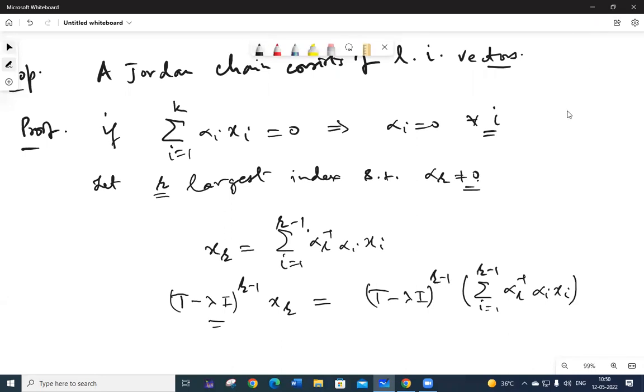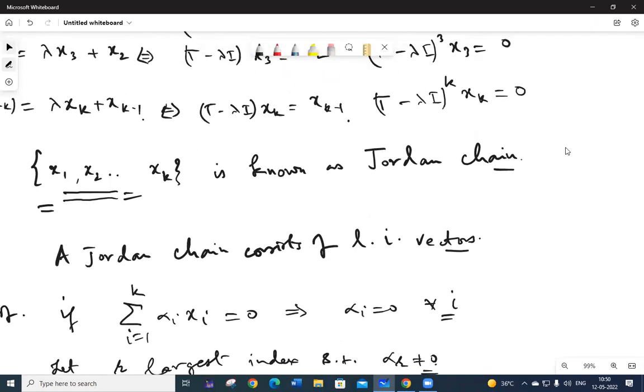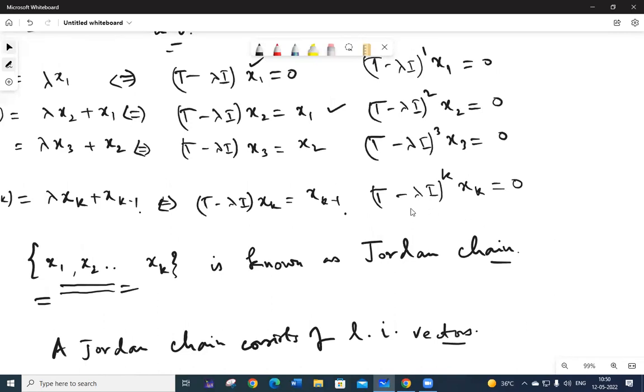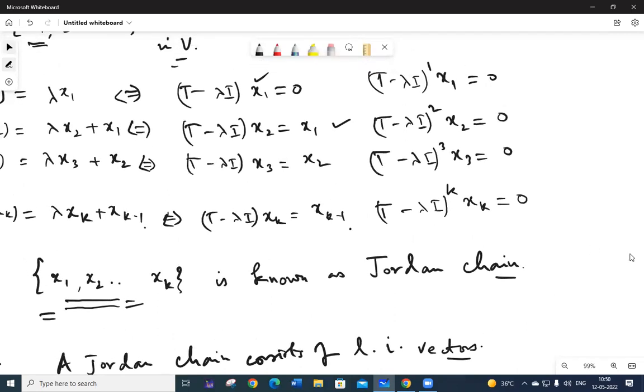Not 0, since this is one power less. Whereas T minus lambda I raised to the power R applied on xR, the right hand side is 0. This is R minus 1; if this is R, then it is 0.